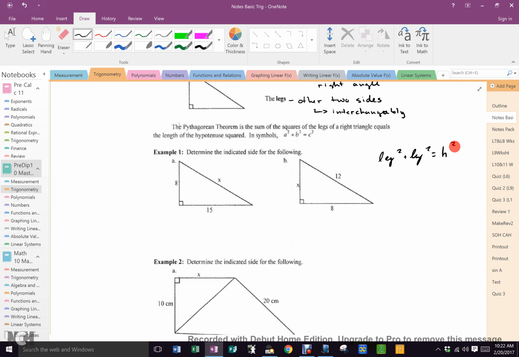What did you forget to do? I got 17. Square root. Oh, square root. So, Fatima, you're going to walk 15 steps this way, 8 steps this way, miraculously 289 steps away from me?